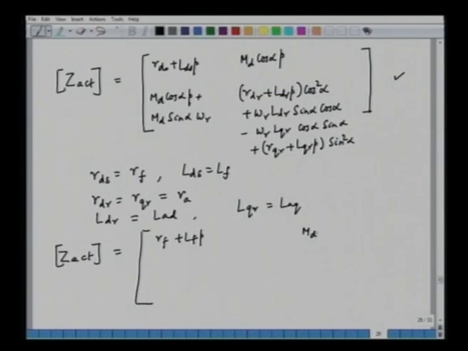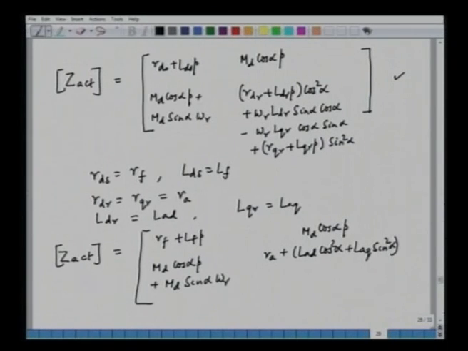Now, this is MD cos alpha P, and here we have MD cos alpha P plus MD sin alpha omega R, RA plus LAD cos square alpha plus LAQ sin square alpha P plus LDR minus LQR by 2 into omega R sin of 2 alpha.